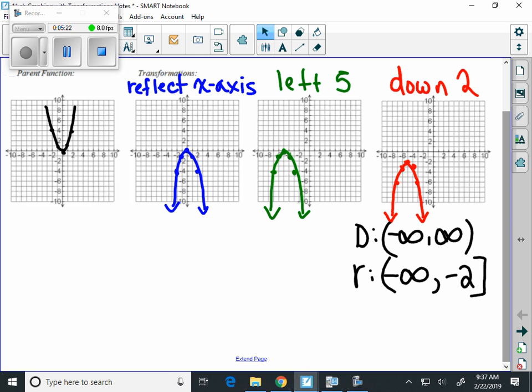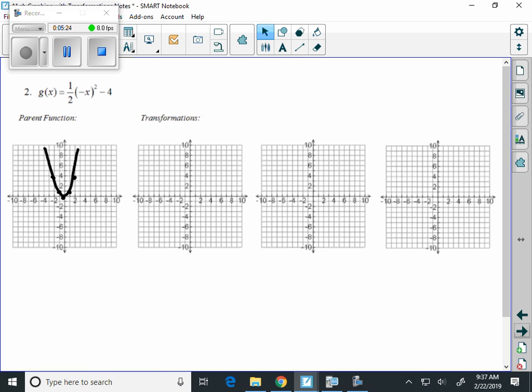Again, our goal today is to graph these functions without a calculator, and in order to do that, read the equation left to right to do these transformations. The first transformation that we see in this question number 2 is the 1/2 in front of the function.